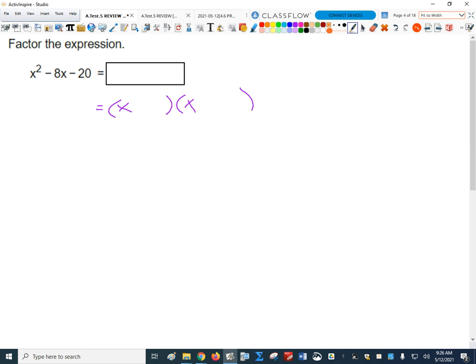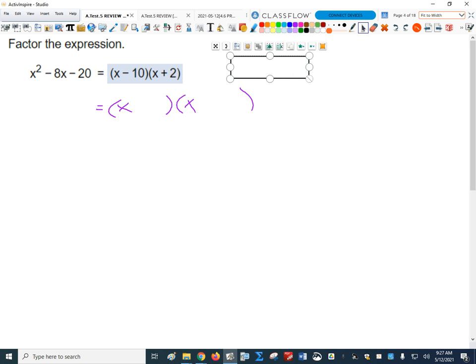Now, what would my magic numbers be, do they exist, and what would they be? Say it again. 2 and negative 10. Good. That's it. Now, how would you check this? Because this is a super easy one. I mean, all these you can really check on a test. Well, I can't really plug it in.